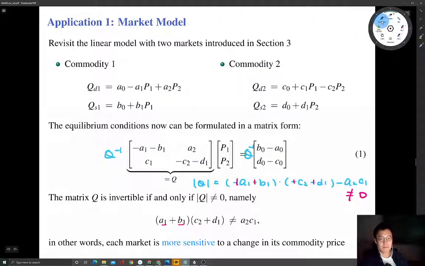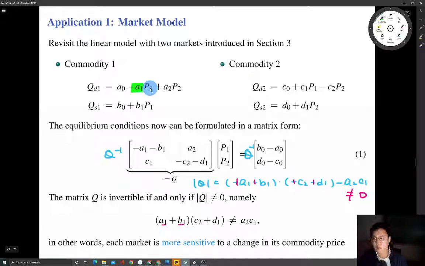If we think about the interpretation of A1, if A1 is really large, that means even if the price of good one changes a little bit, the demand for that good changes a lot. So A1 measures the sensitivity of demand with respect to a change in the price of good one.